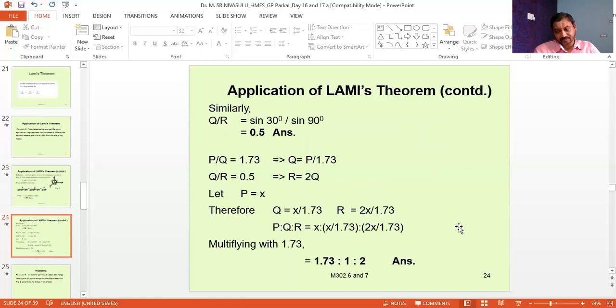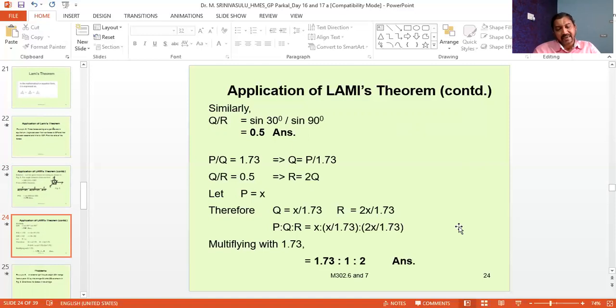Now the ratio means P is to Q is to R. We have assumed that the P value is equal to X. Then Q in terms of X is X by 1.73, and R in terms of X is 2 by 1.73.